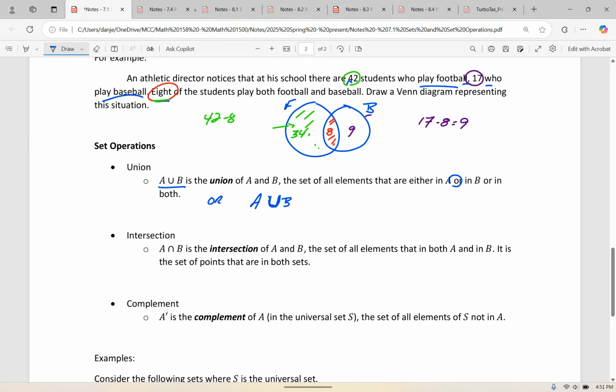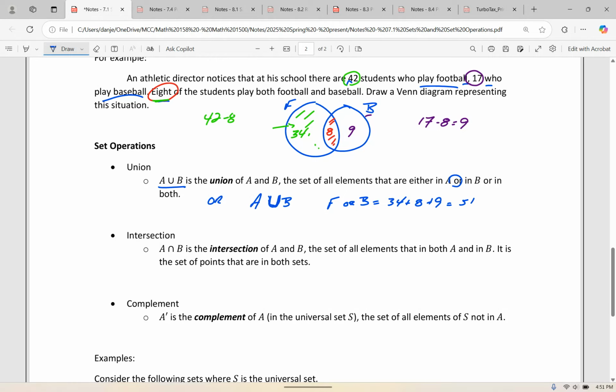If I want to know the students who play football or baseball, I would include the 34 who play football only, plus the 8 that play both, plus the 9 that play baseball only, and that would be a total of 51 students.